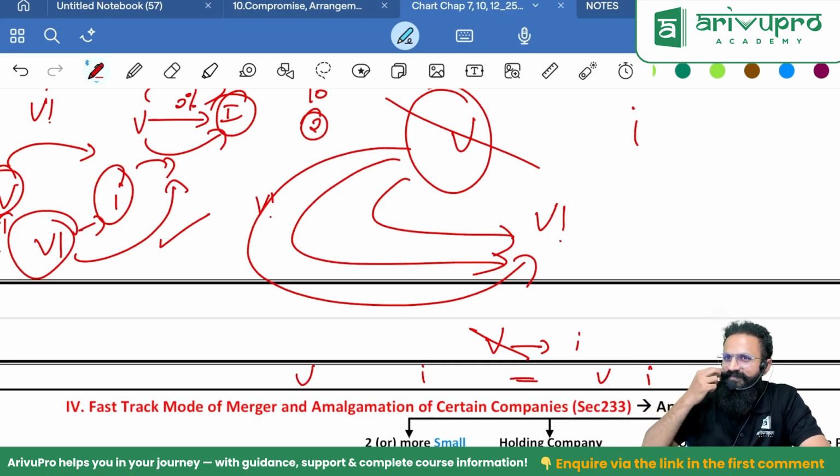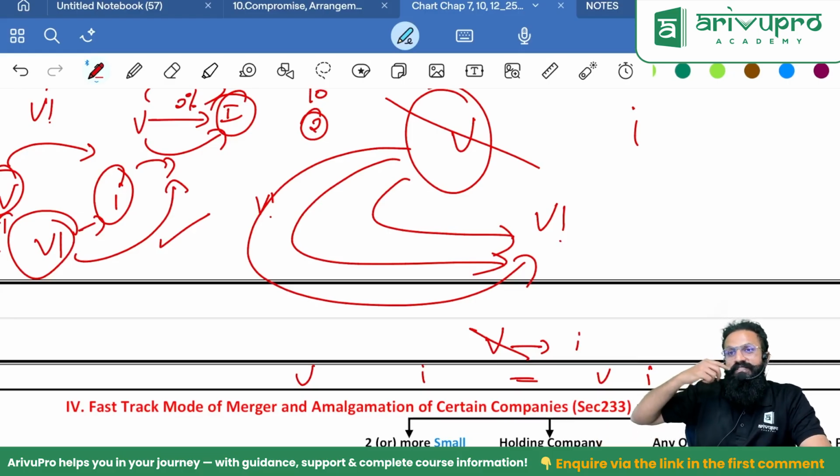Correct. Section 187. Investments made by the company directly will be held by the company in its own name.